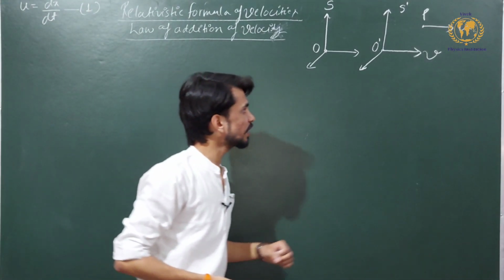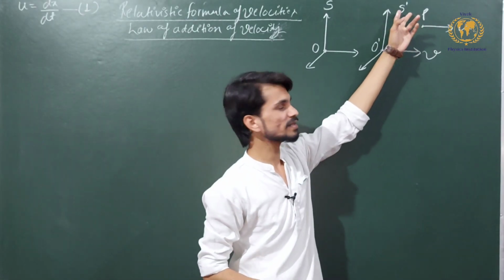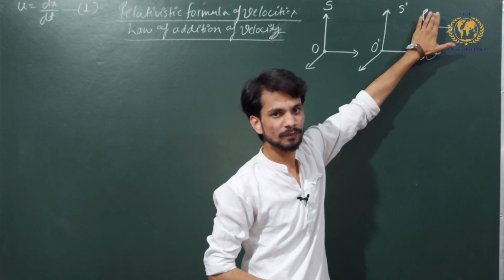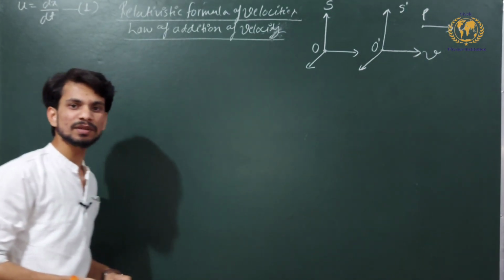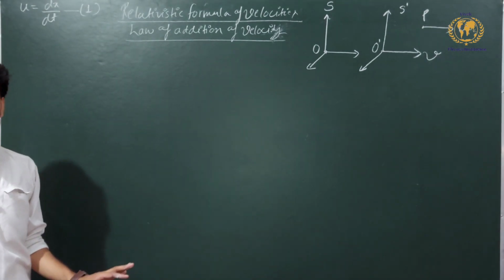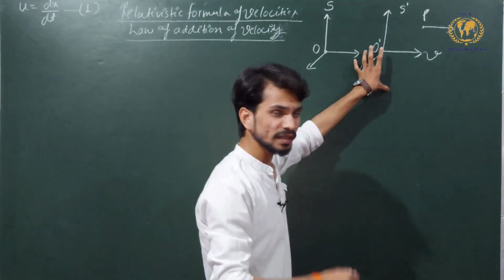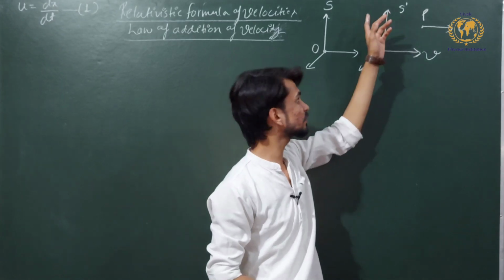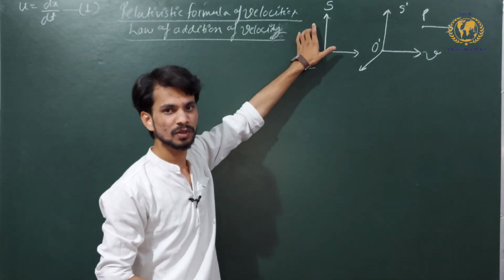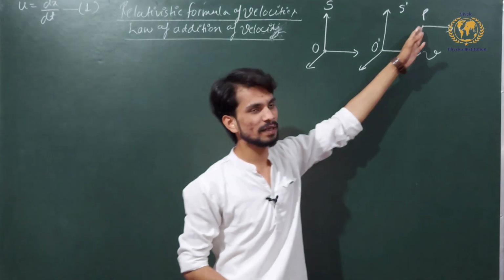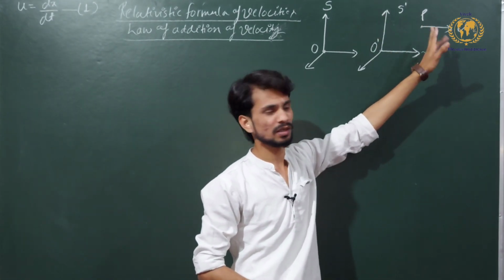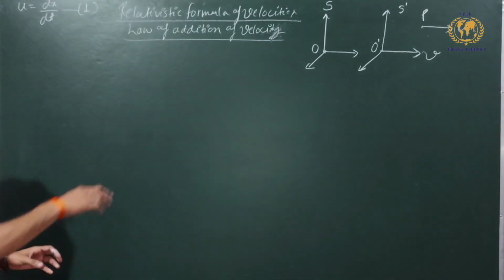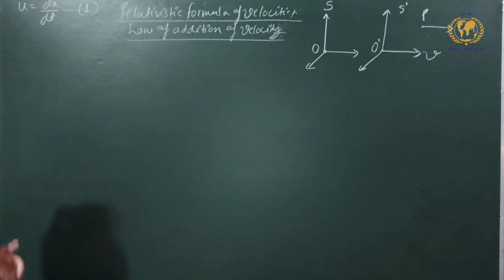Again, when another observer O dash in frame of reference S dash measures the velocity of the particle P, he will observe a different velocity, not u, because this observer is in a frame of reference S dash which is moving with velocity v with respect to observer O. So the measurement of the velocity of particle P from the two frames will be different. Let's say the velocity of particle P will appear to observer O dash as u dash.